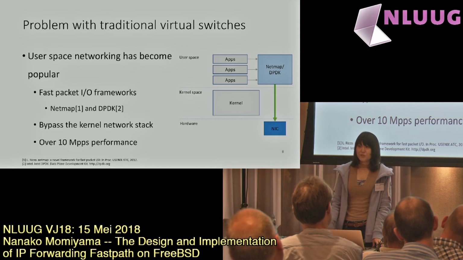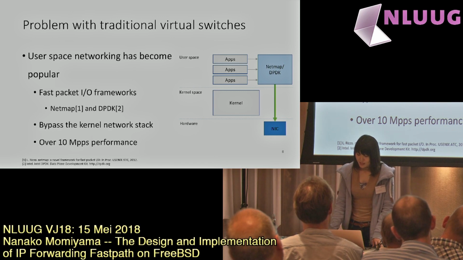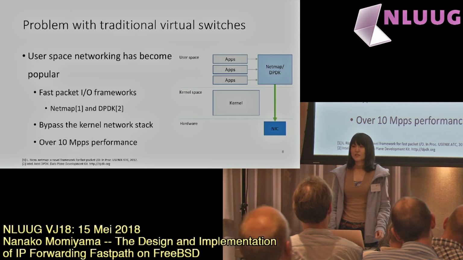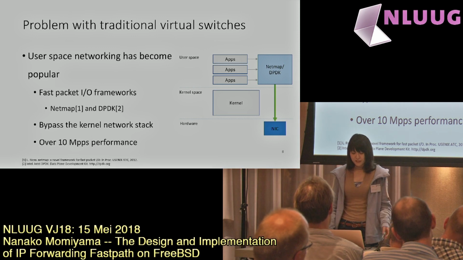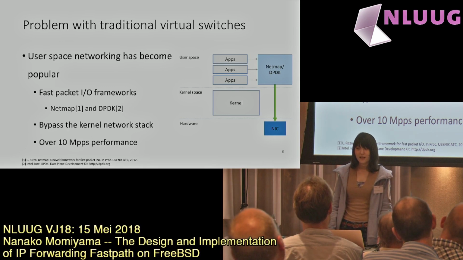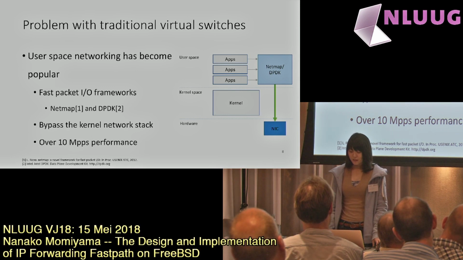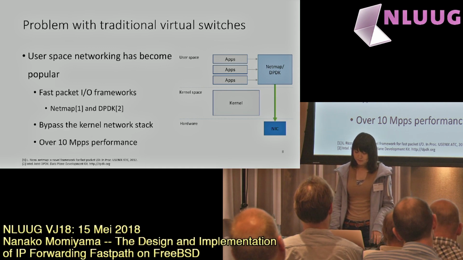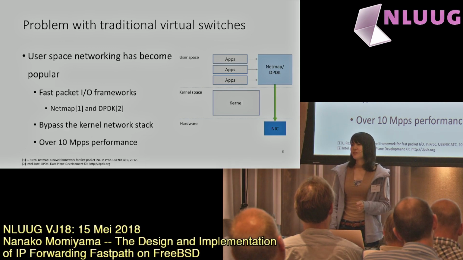The application uses the library provided by these fast packet I/O frameworks to bypass the kernel network stack, which consumes a lot of time to process the packets. This approach has demonstrated impressive performance, over 10 million packets per second with the shortest packets. So it's a very good solution in terms of performance improvement.